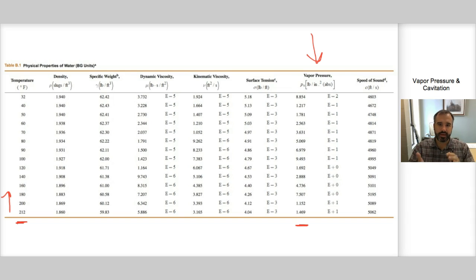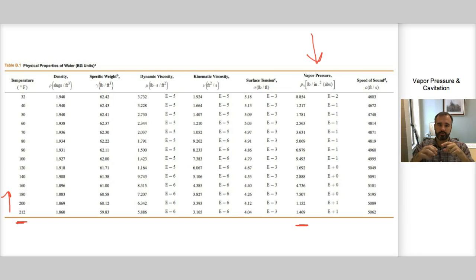The reason we care about vapor pressure for an engineered system is that the local pressure in a piping system, whatever fluid is in that piping system, or even an HVAC system, can be low enough that it's lower than the vapor pressure, and you can actually cause bubble formation and boiling within, say, a pump or within a pipe. This can happen near a very tight fitting with the water going through the fitting, or at the impeller of a pump.